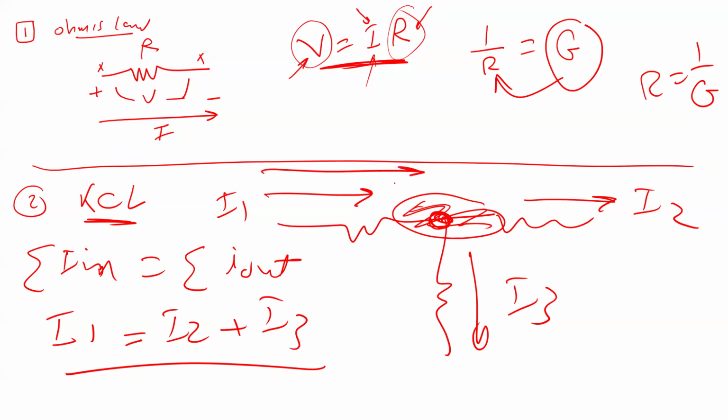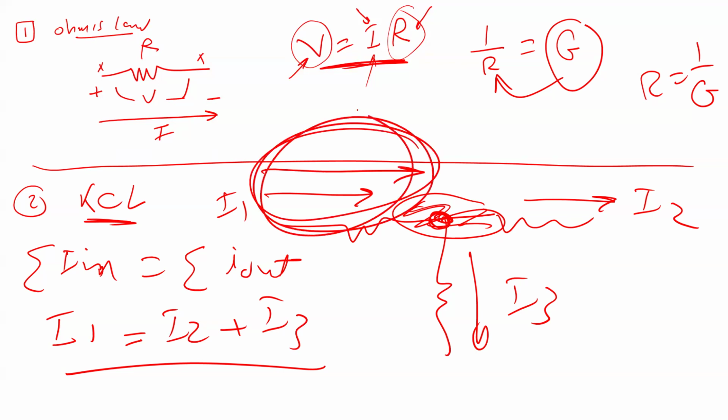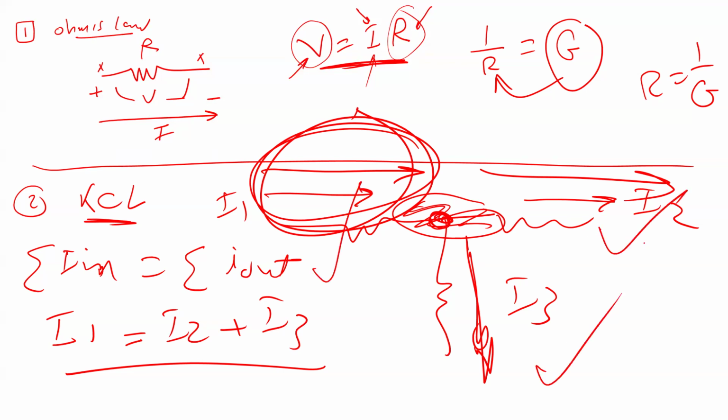If a certain amount of charges comes this way, these charges are going to be split. Some of them go this way, some go this way. But the summation should be the same because they are not going to vanish, they are not going to disappear. That's why the same total amount of current here equals this current plus this current. Any questions?